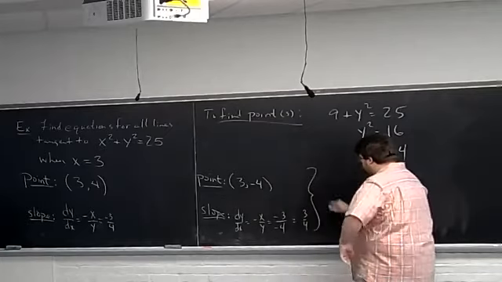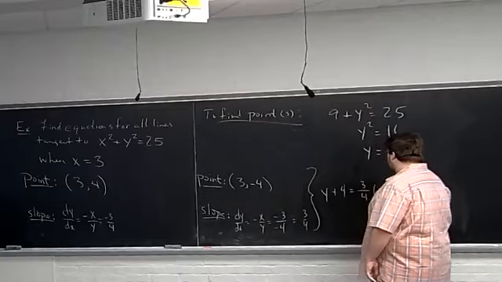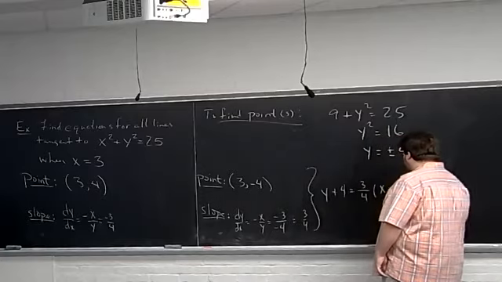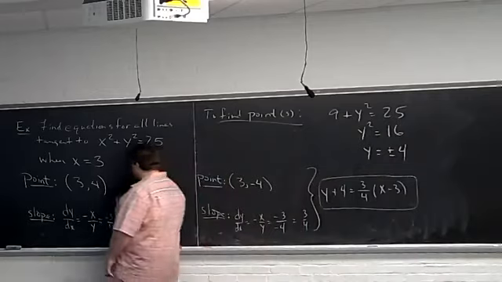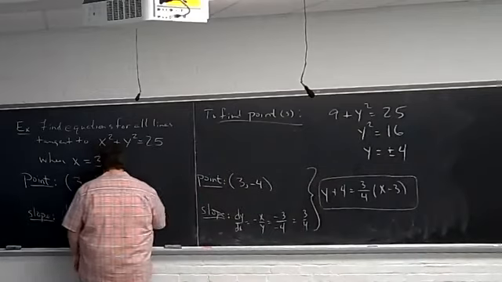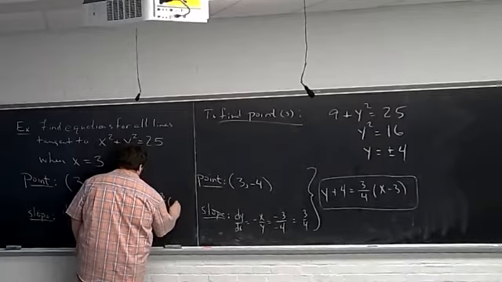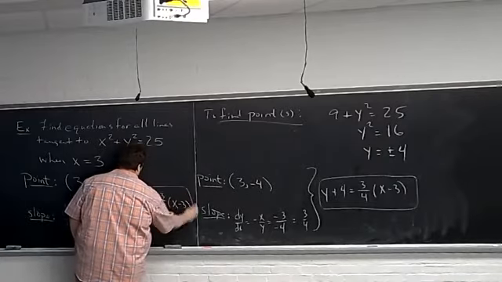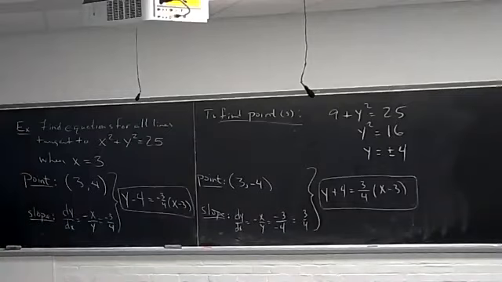We want the equation, so here we get y plus 4 equals 3/4 of x minus 3. Over here we get something similar. y minus 4 is negative 3/4 of x minus 3. You don't have to solve for y. Any questions about this one?